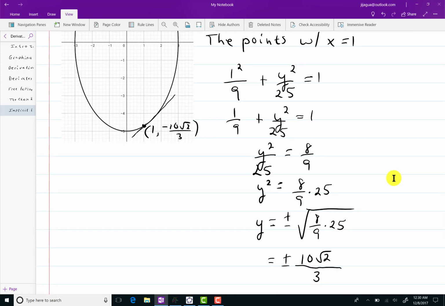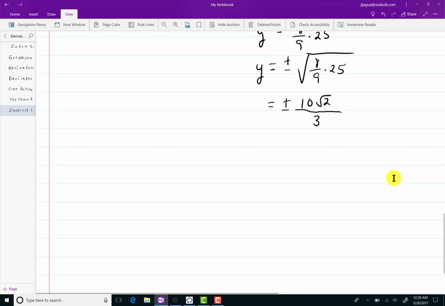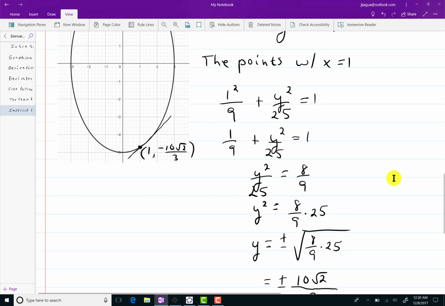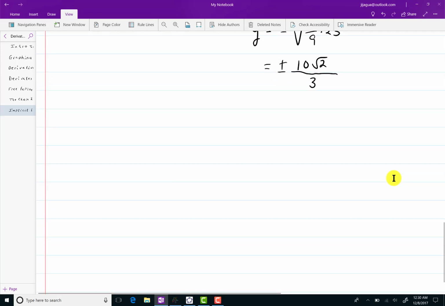Alright, now the way you take the derivative is very interesting. You don't actually go, I did do some solving for y here because I had to get a point. But I'm not explicitly going to solve the equation for y. What I'm going to do is this.